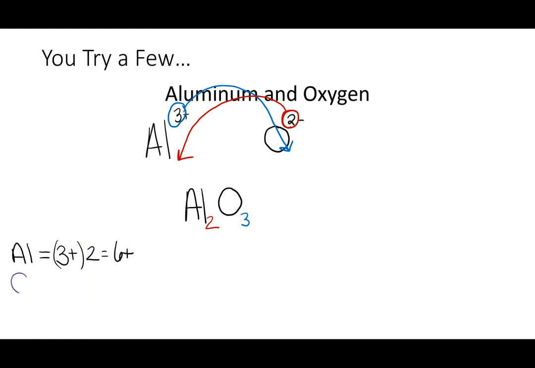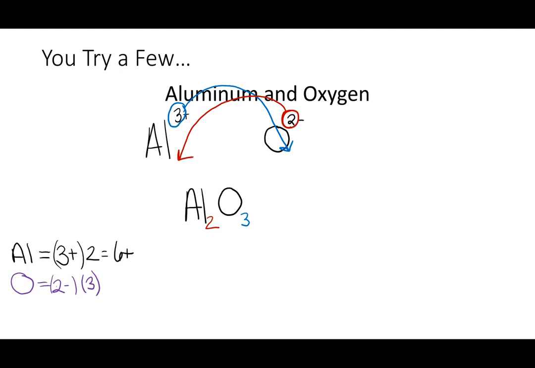Let's do oxygen. Each atom of oxygen is going to bring a -2 to the table. And according to this rule, I'm going to have 3 atoms of oxygen. Okay?